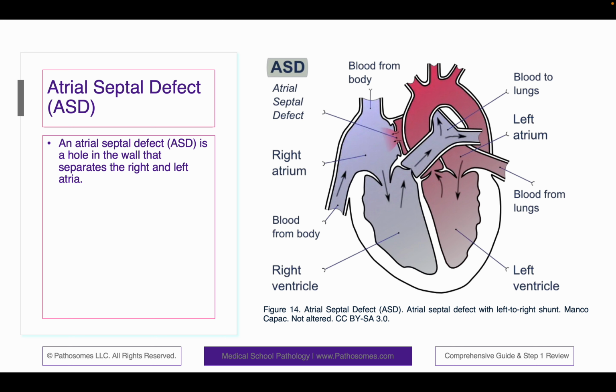Now, keep in mind that there are other regions in the heart that can have defects, such as an atrial septal defect. An atrial septal defect is a hole in the wall that separates the right and left atria.